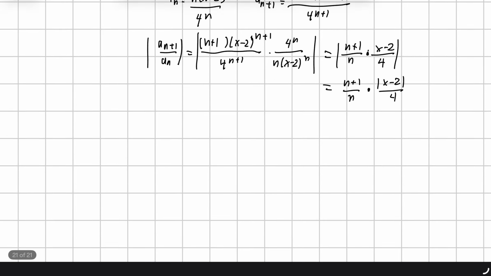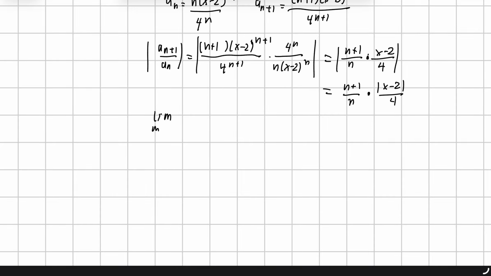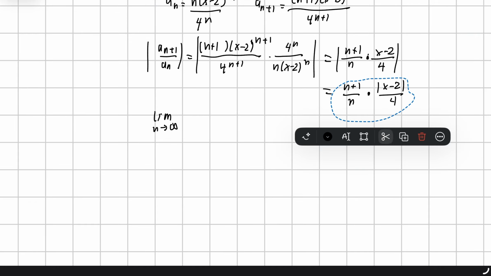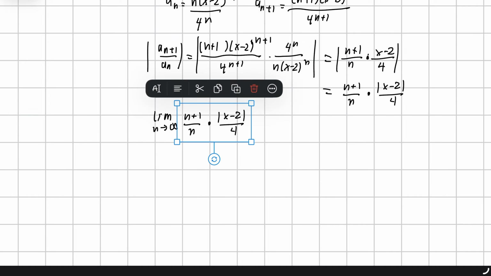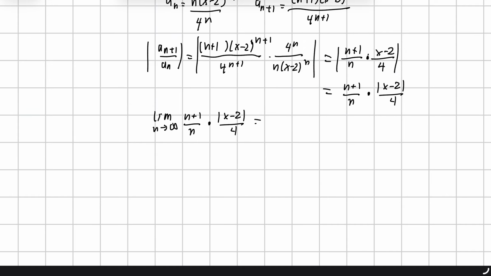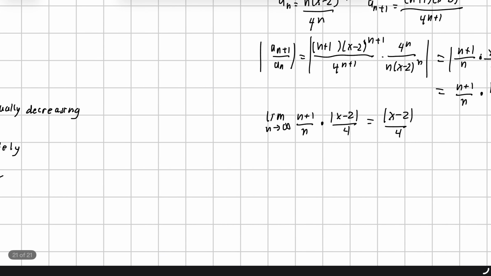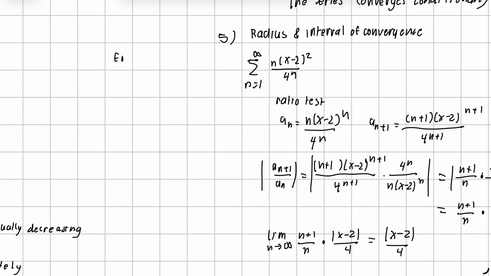Now we're going to take the limit as n approaches infinity. As we go toward infinity, this is just going to be the absolute value of (x minus 2) over 4. For convergence, the ratio test requires that this be less than 1.